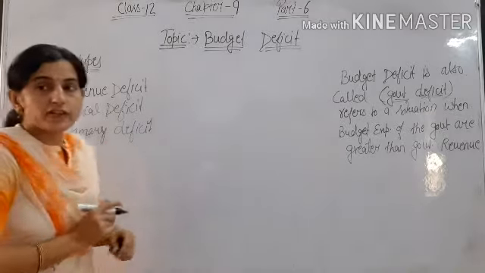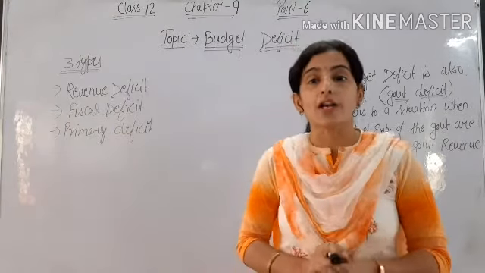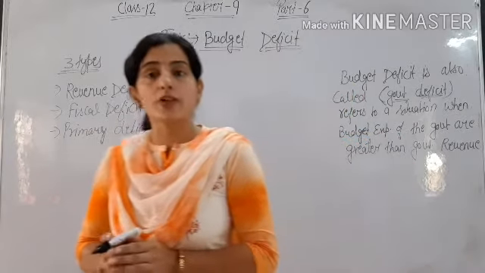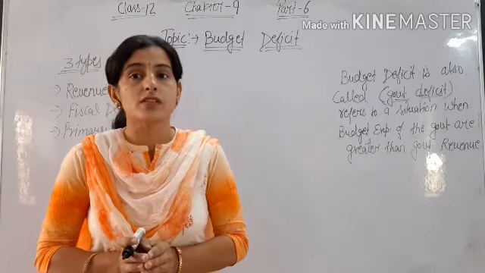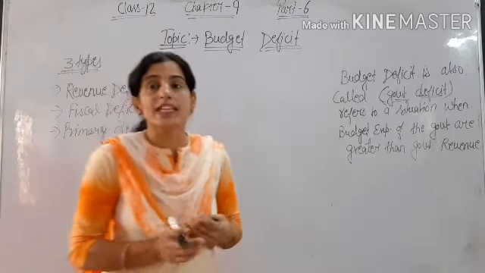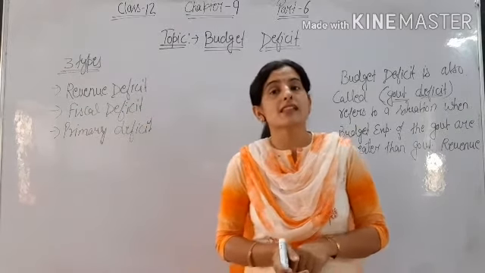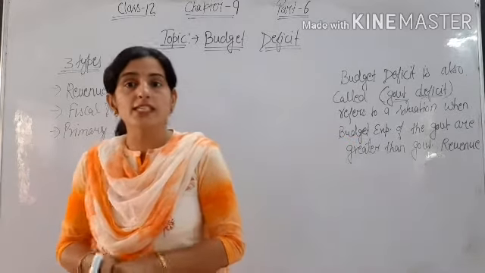So revenue deficit is related to government revenue expenditure and revenue receipts. What are they? We have discussed. Government receives money through tax and non-tax, means income tax, excise tax, gift tax, and non-tax revenue, that is fees and fines.